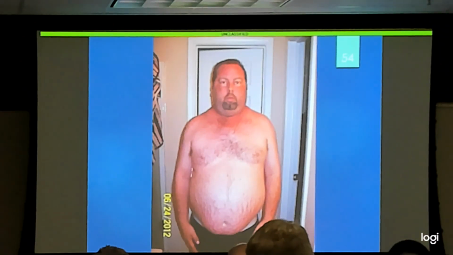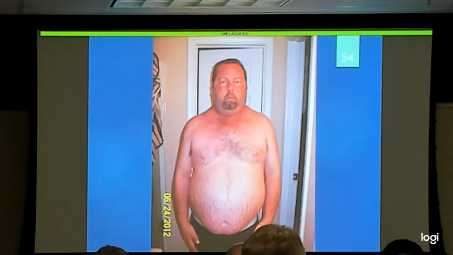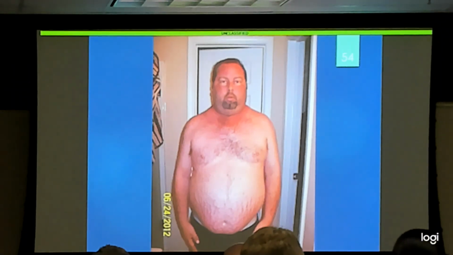What do you notice about this guy? Striae for sure, exactly. I told you striae. What else do you notice? Truncal obesity, exactly. Moon face for sure. But you don't want to judge this person. What else do you notice about his arms?